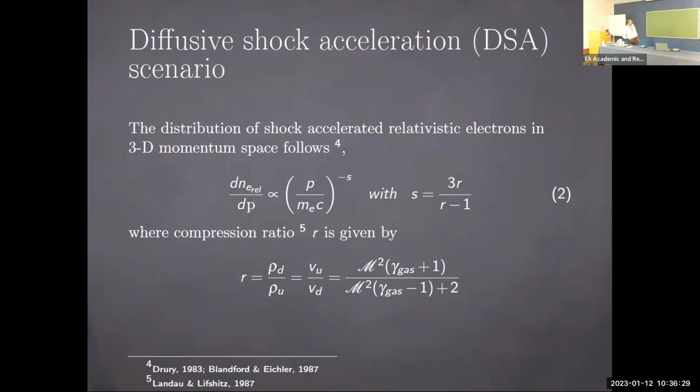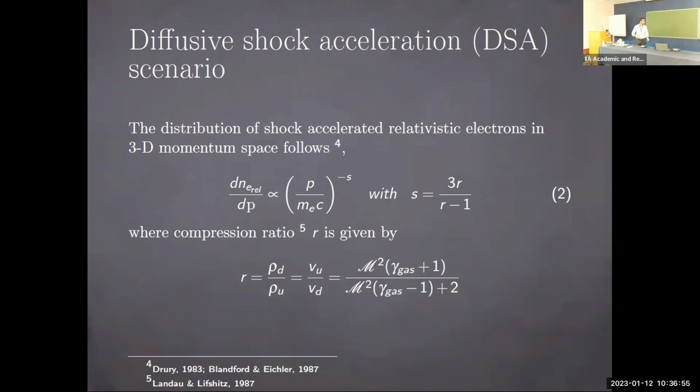Here I considered diffusive shock acceleration as the strongest particle acceleration process, under which the relativistic electrons take the form of an inverse power law, like this, where the spectral index is strongly correlated with the hydrodynamic properties of the medium.